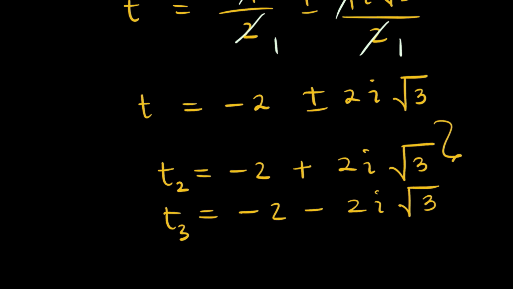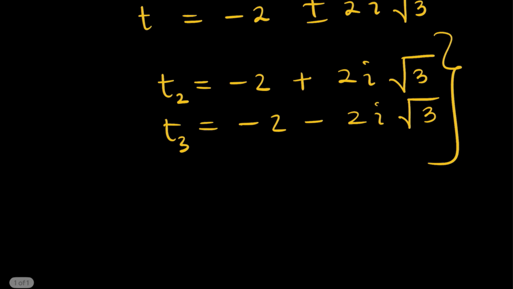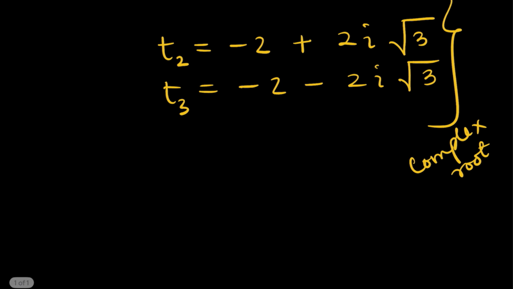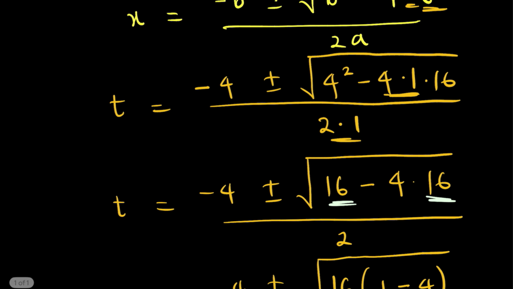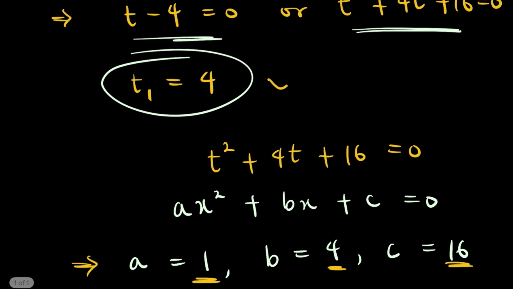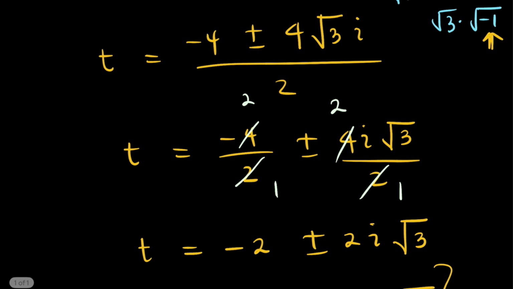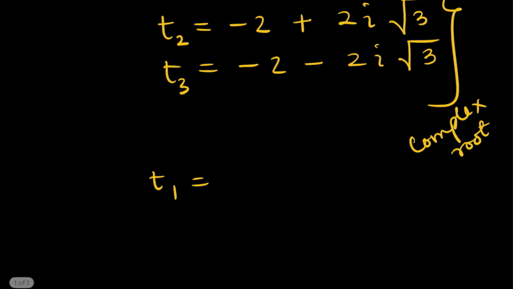So giving us all possible solutions to this problem, with these being complex roots, and we got a value for t1 earlier, which was 4. So t1 is equal to 4, which is the only real root to this problem.